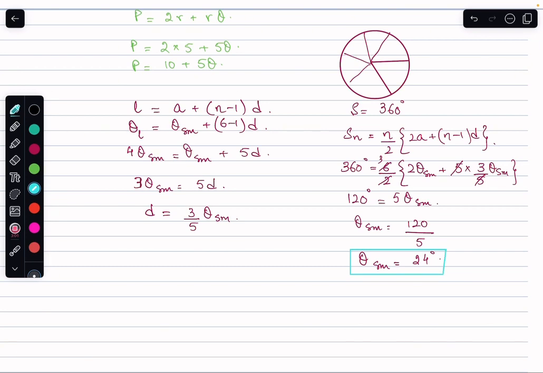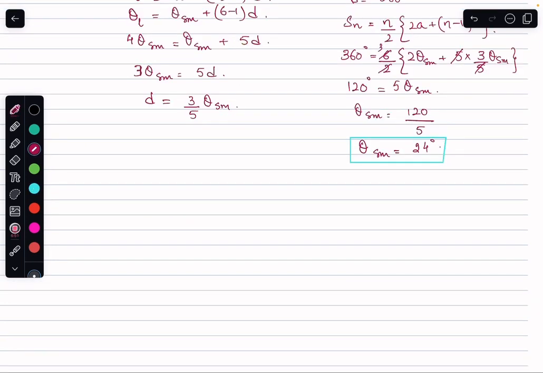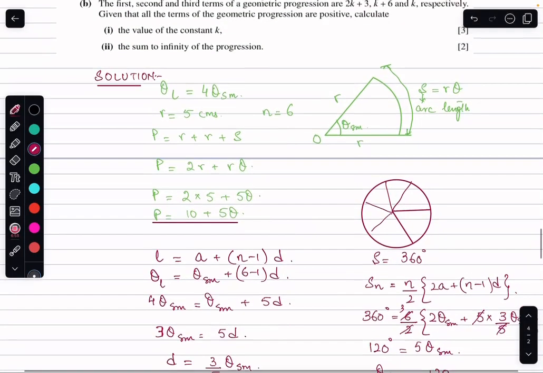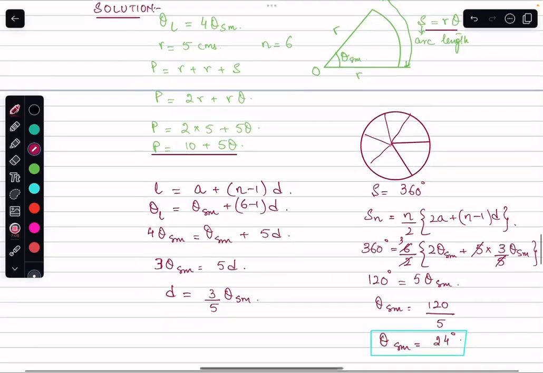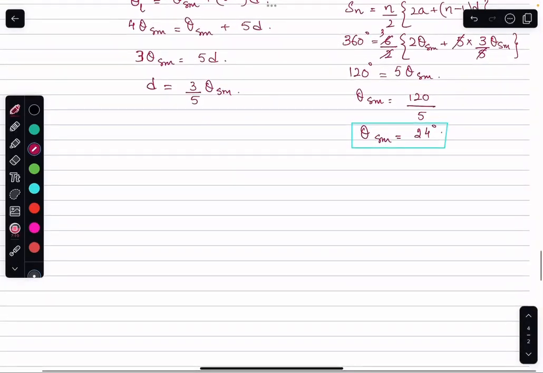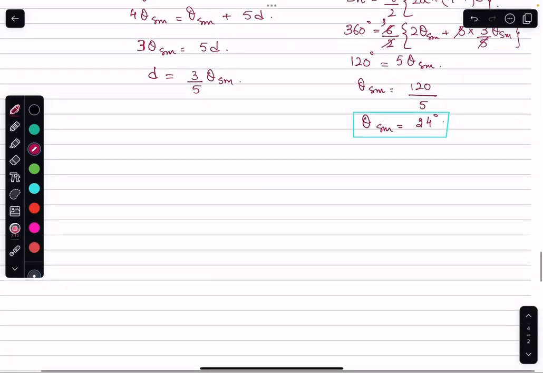Theta equals 24 degrees here. After getting this theta as 24 degrees, just remember that when we are finding out the perimeter with the formula S equals r theta, then we should be having our theta values in terms of radians. So that means if our theta is 24 degrees, I need to convert this 24 degrees to the radian value.